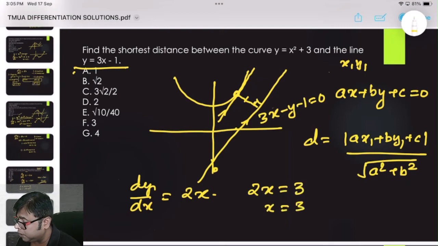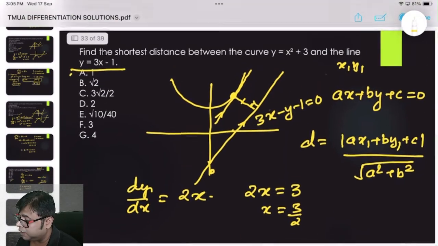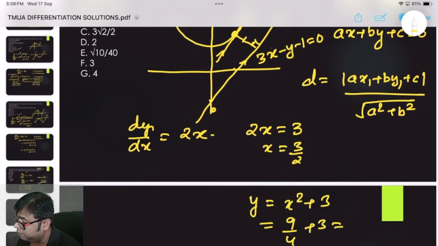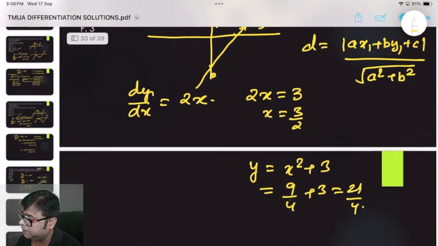So x becomes 3 by 2. Now this point is also on the curve, so I can also find the y coordinate. So y is equal to x square plus 3. So it gives me 9 by 4 plus 3, which is 9 plus 12, 21 by 4. Once I've got this coordinate, it's very easy for me to find this distance.